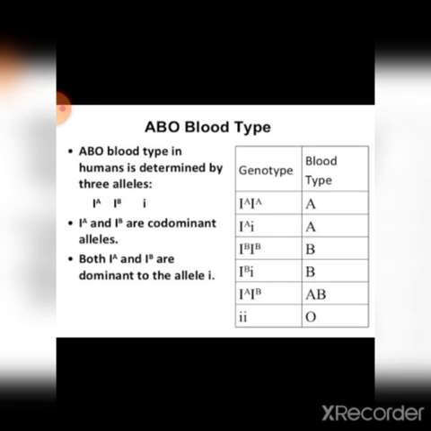ABO blood type in the human is determined by 3 alleles: IA, IB and i. IA and IB are co-dominant alleles. Both IA and IB are dominant to allele i.